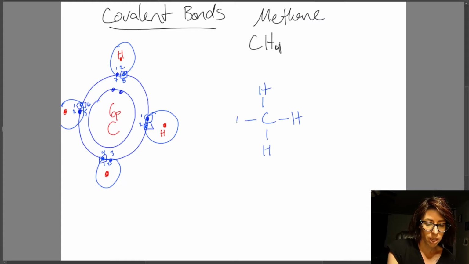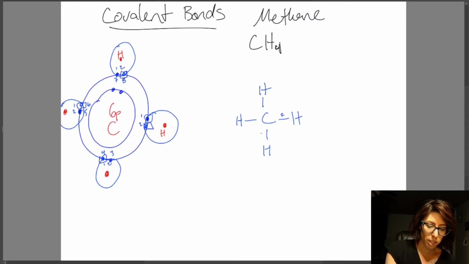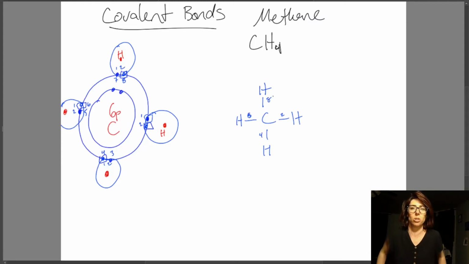Remember, every single line here connecting the carbon to a hydrogen represents a pair of shared electrons. So this is 2 electrons, 4 electrons, 6 electrons, and 8 electrons. So that's 8 around carbon and 2 for each hydrogen. We don't draw the innermost shell.